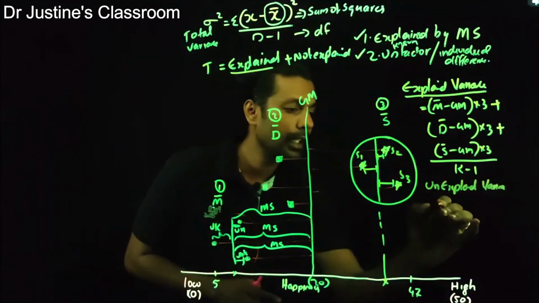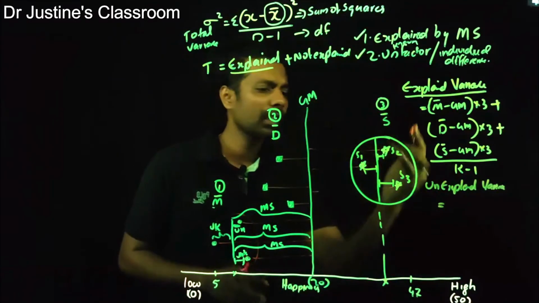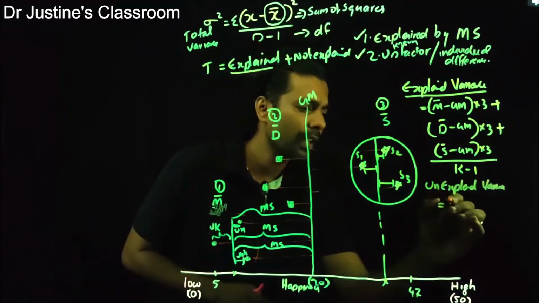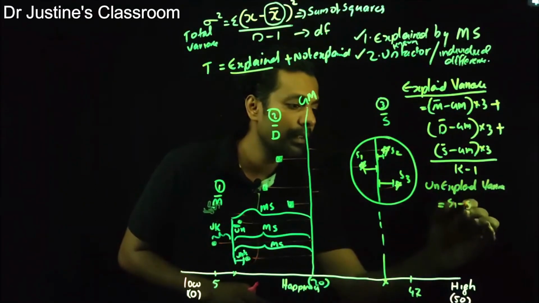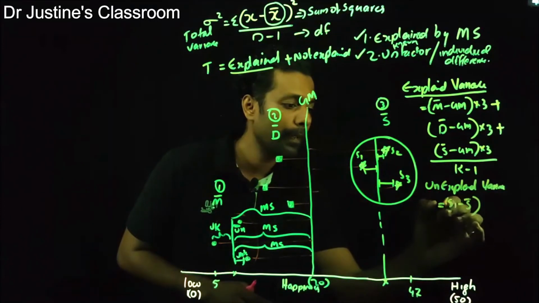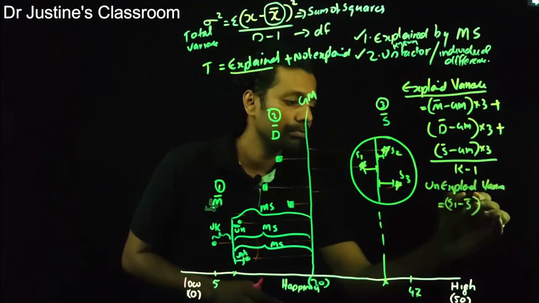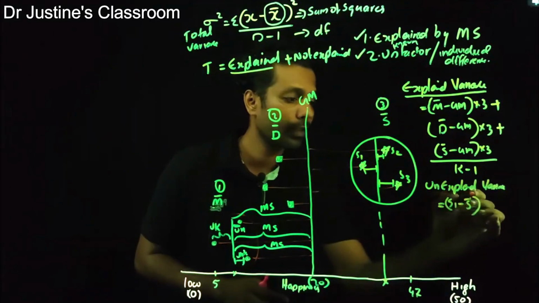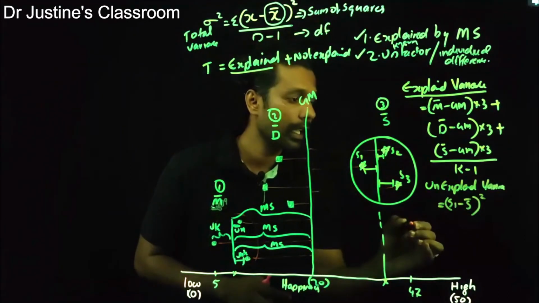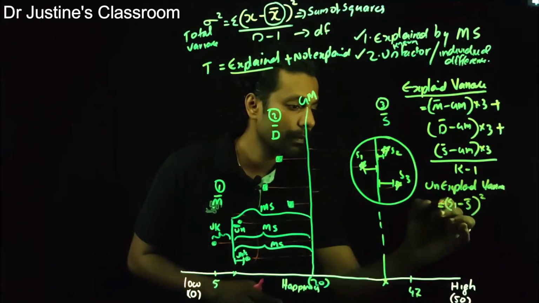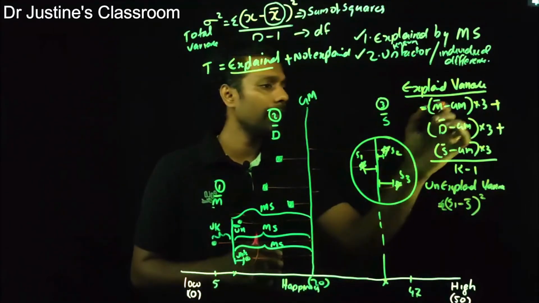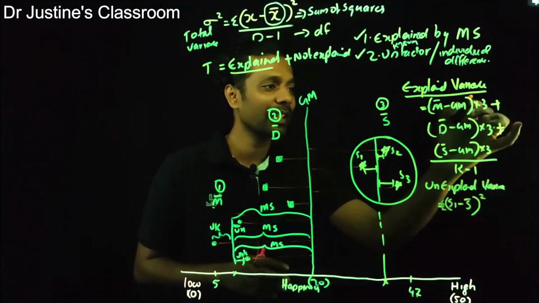So that is equal to, if I take this group first, observation 1, S1 minus the mean of the group, and you have to square this data, and you have to find the sum of this data. Now I have missed a value here. I have to square it here.